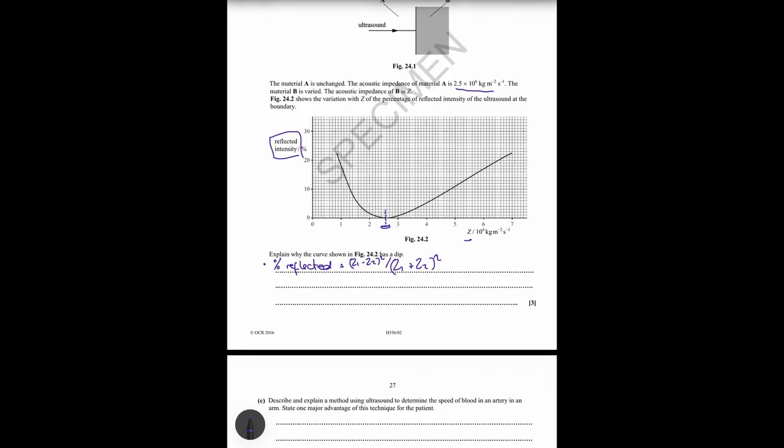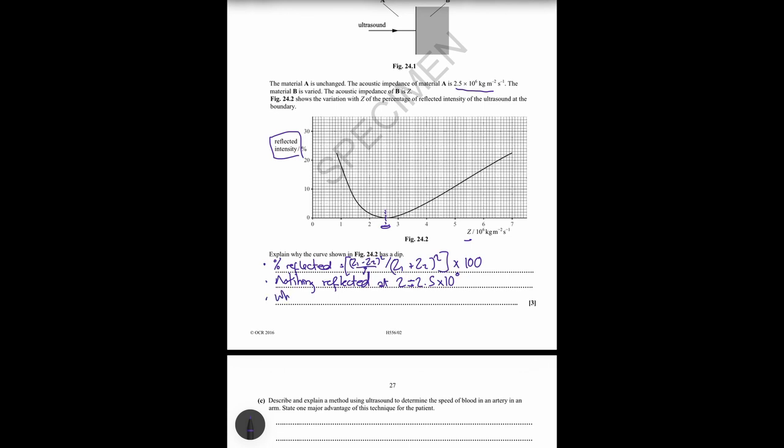So when there's 0 reflected, it's because it's 2.5. If I apply that to this equation, I can say there's nothing reflected, or I can just state the obvious first if I'm still not too sure about it. So nothing reflected at Z equals 2.5 times 10 to the 6. Why is that the case? Because looking at this equation, both of those numbers minus each other is going to be 0, and, oh, I should have put times 100 here because it's a percentage, 0 divided by anything is going to be 0, so 0% is going to be reflected.